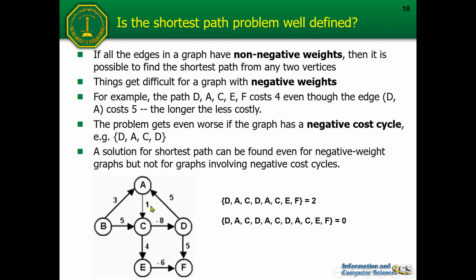You usually cannot use the standard algorithm to find the shortest path in a graph that has a negative cost cycle. But don't worry about this. This is only a detail that we will not go into, for example in the exam or in the application. Okay, no need. This is only some detail to extend your knowledge.